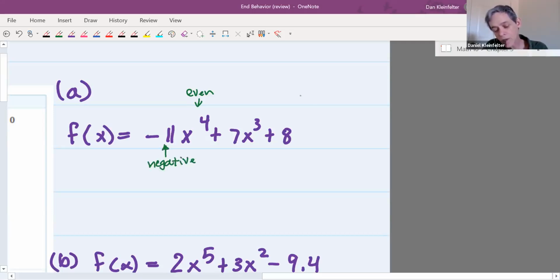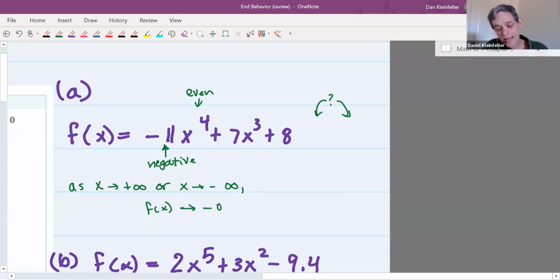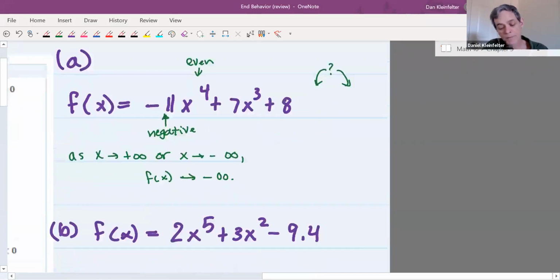Okay. So that means that overall it's going to look like that. Again, we won't know right now what's going to happen in the middle, but the two ends are that it's going to go down. How you would write this in arrow notation is you could say as x approaches positive infinity or x approaches negative infinity, f of x will go towards negative infinity.